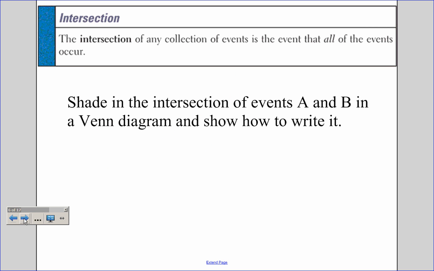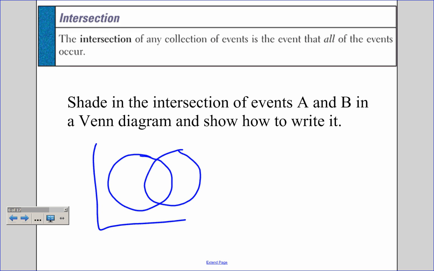Now the intersection of any collection of events is the event that all of the events occur. So if I wanted to find the intersection of A and B, that's the probability that A occurs and B occurs, that will just be this section right here.